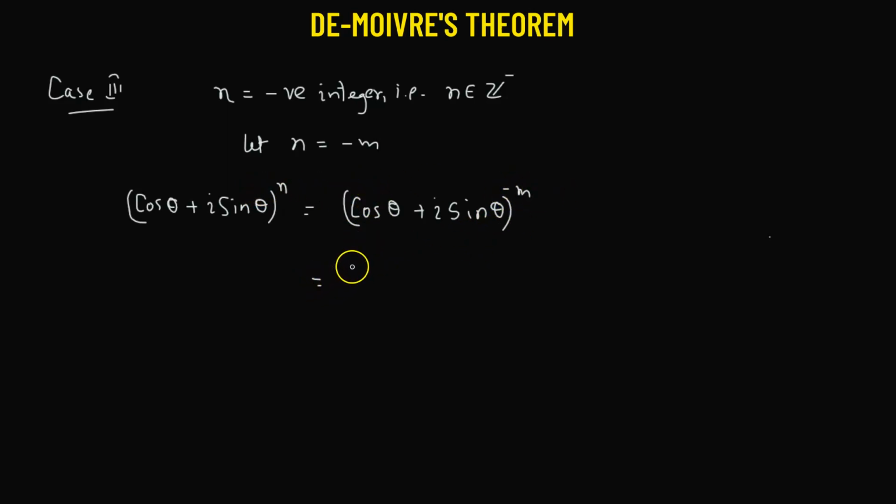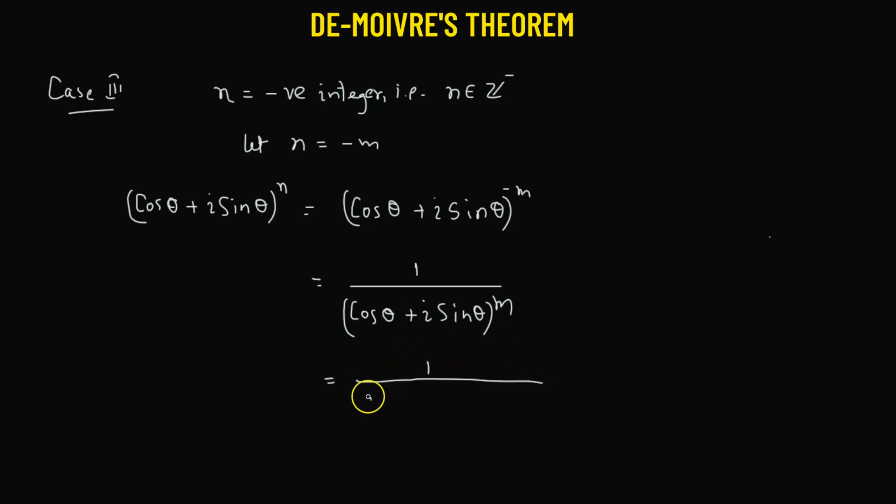Now this can also be expressed as 1 over cosine of theta plus iota times sine theta whole raised to the power of m. Now here m becomes a positive number, so we have already shown in the previous case that this will be equal to cosine of m theta plus iota times sine m theta.